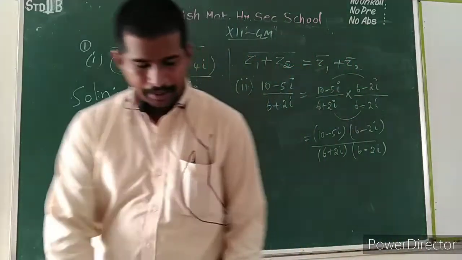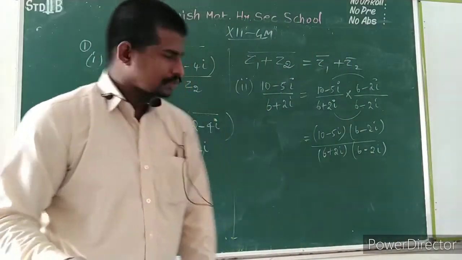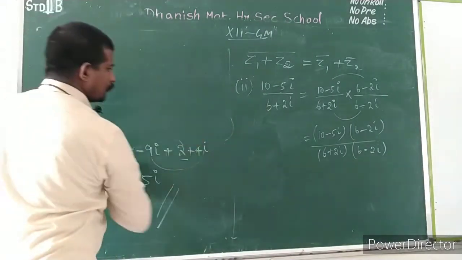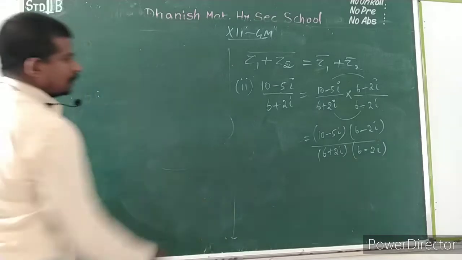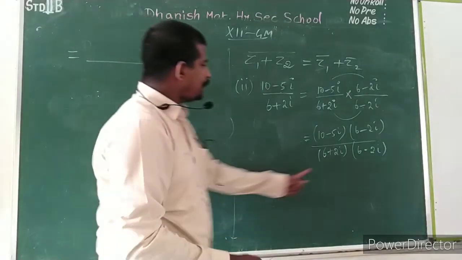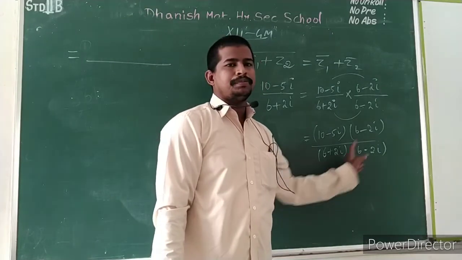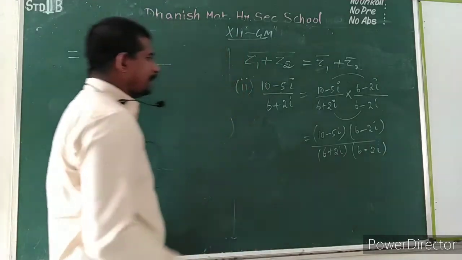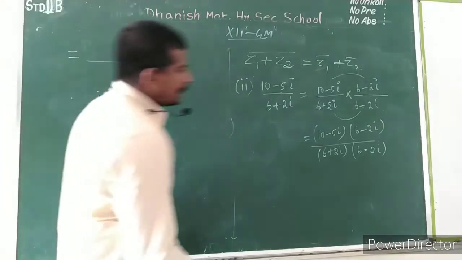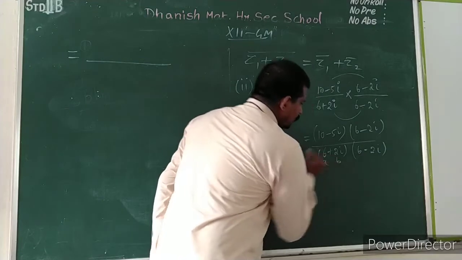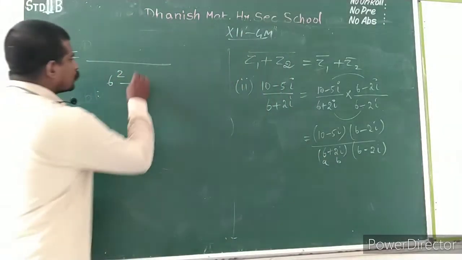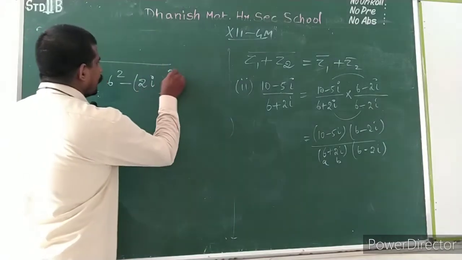Now the next step would be, look at the denominator. The denominator is in the form of (a plus b) into (a minus b). So I am going to apply the identity. The denominator will be a square minus b square. Here our a is 6, b is 2i. So a square, 6 square, minus b square, (2i) whole square.